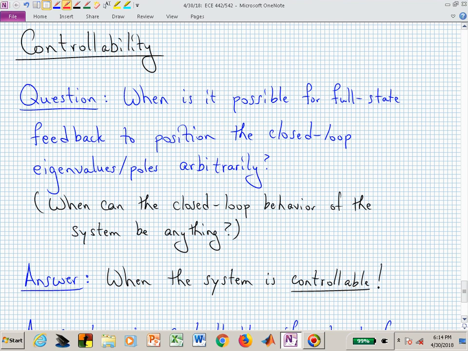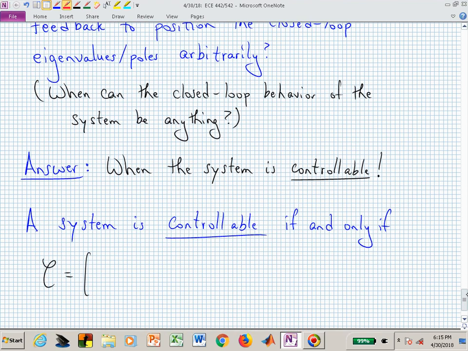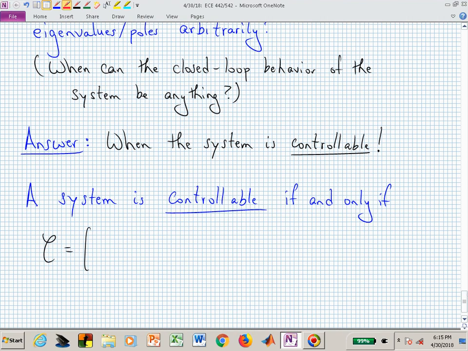So the answer to those two questions is when the system is controllable. On the final I may ask, is this system controllable? You'll just have to redo these steps that I'm now going to illustrate for the system that you are presented with.